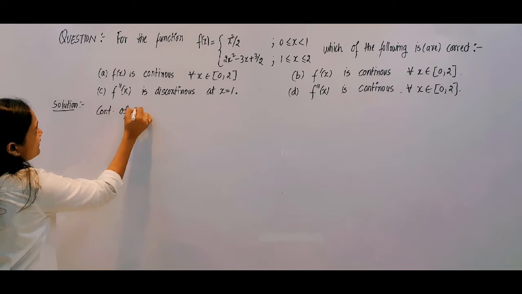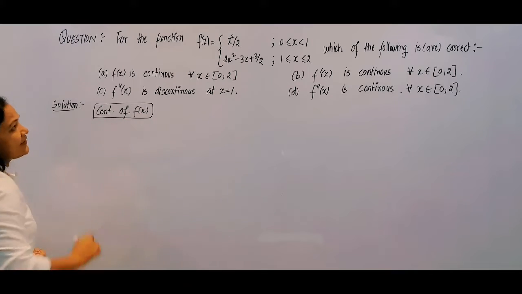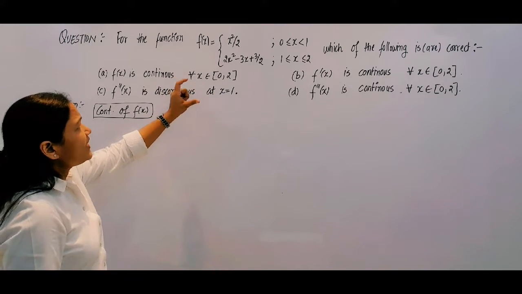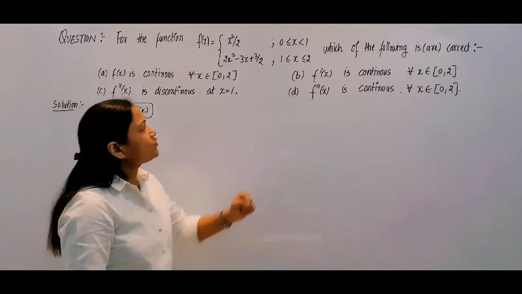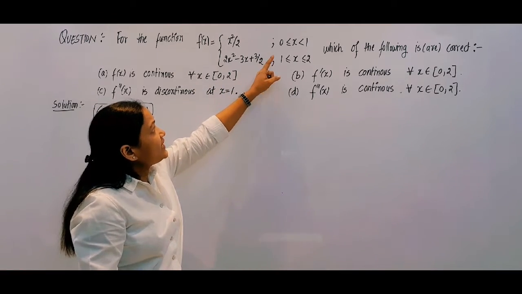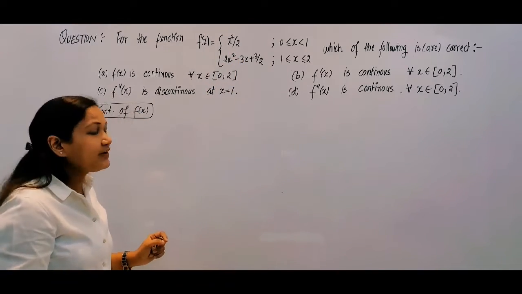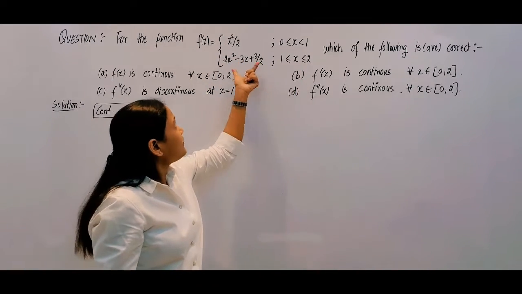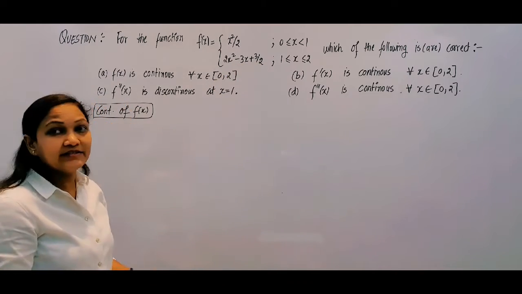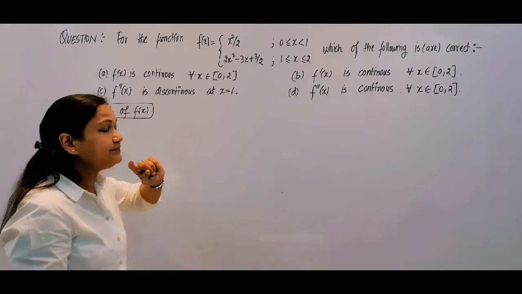of f(x). Now for a function to be continuous in the whole interval between 0 to 2, you can observe that when x is lying between 0 to 1, your function is defined as a polynomial function, and between 1 to 2 your function is again defined as a polynomial function, and polynomial functions are continuous everywhere.